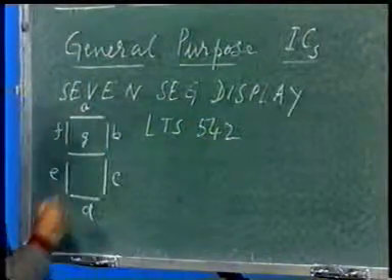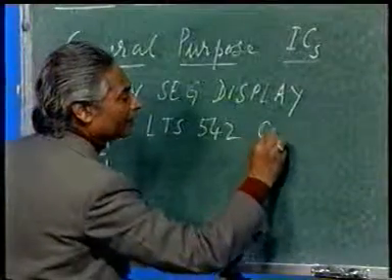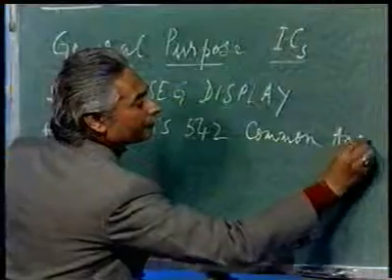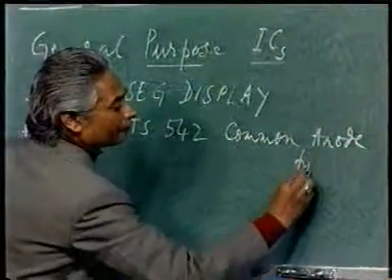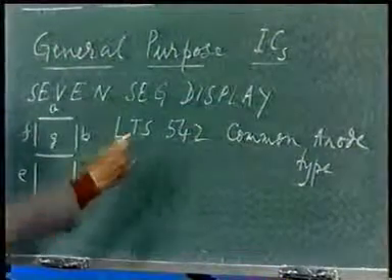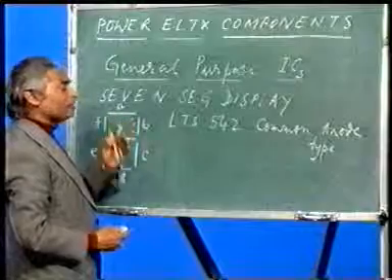This is a very commonly used 7 segment display IC, and this is common anode type. There could be another type of 7 segment display which is common cathode type. Now let it be clear what is common anode and what is common cathode.